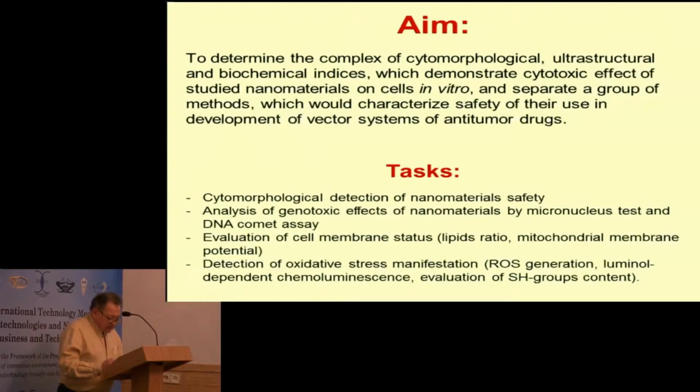In this regard, the following tasks have to be performed. Cytological detection of nanomaterial safety, then the analysis of genotoxic effects of nanomaterials by a micronucleus test and DNA comet assay.